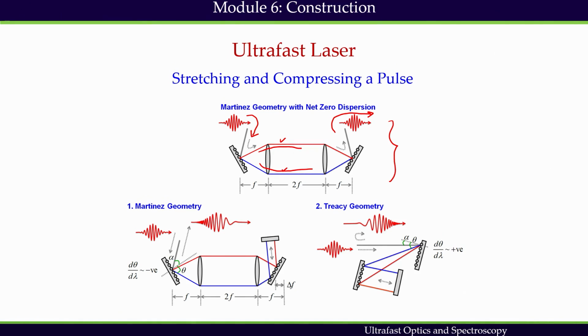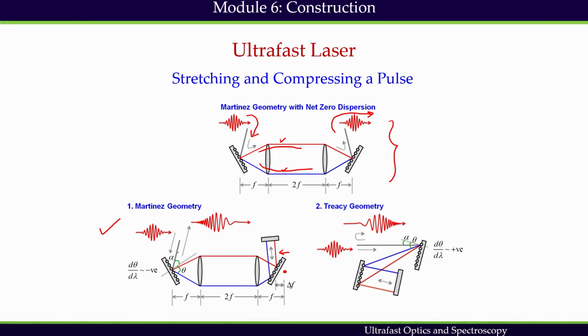Now, if we push the second grating towards the lens to a distance f minus delta f in this configuration, this was the previous focus point where the grating was previously. Now, we have pushed this grating towards the lens, and if we do that, the blue ray, which means high frequency components, travels a longer path.